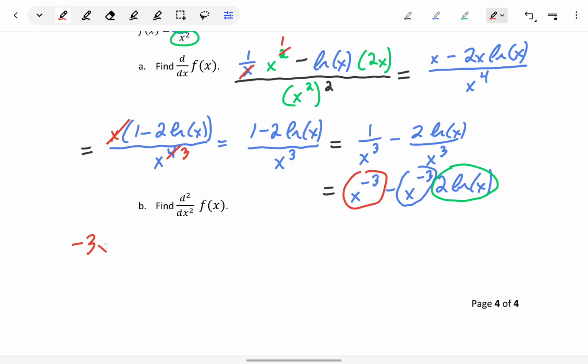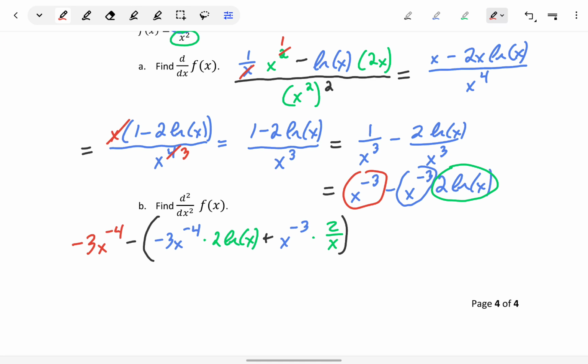That will be negative 3 x to the negative fourth, and then we're subtracting this entire next result, which would be negative 3 x to the negative fourth times 2 times the natural log of x plus x to the negative third times the derivative of 2 times the natural log of x, which will be 2 over x.